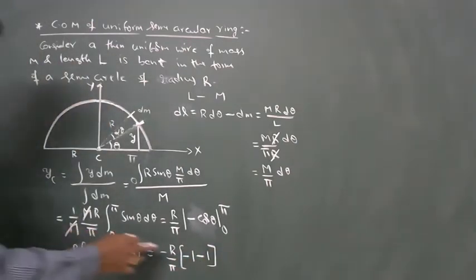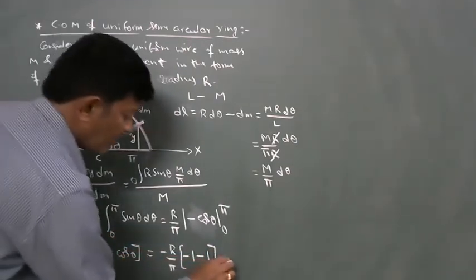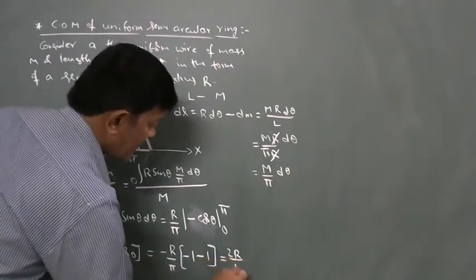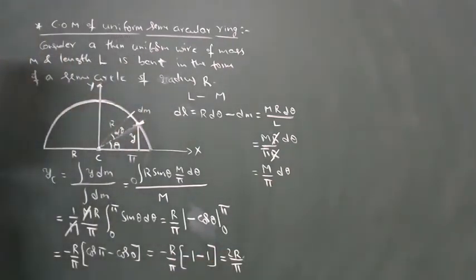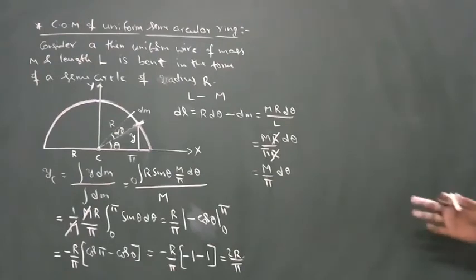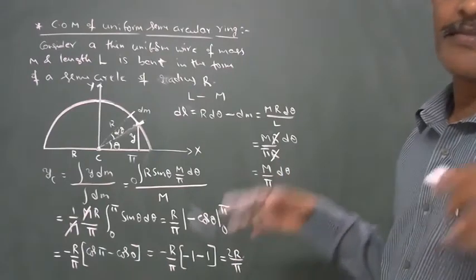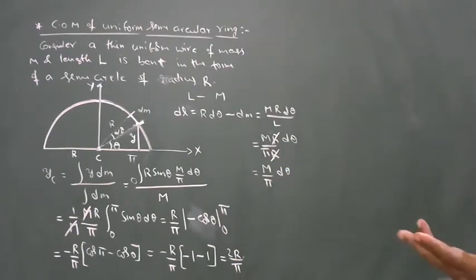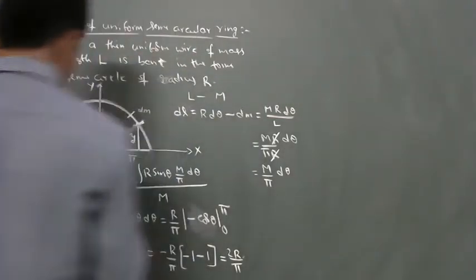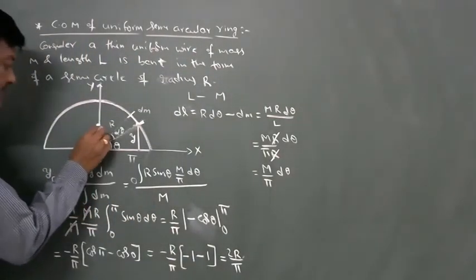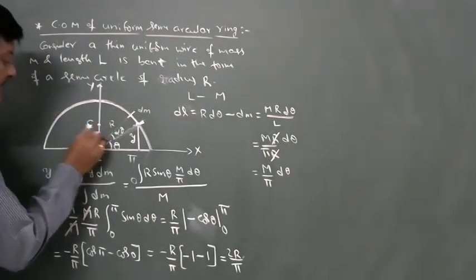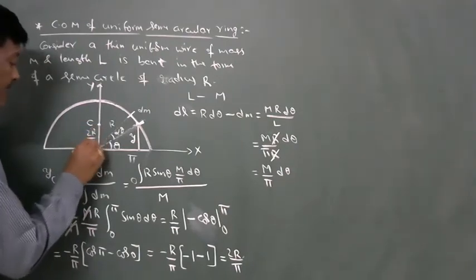So minus of minus 2 gives plus 2, this is equal to 2r by pi. So the y-coordinate of the center of mass of a semicircular ring, when the ring is placed symmetric about the y-axis, is 2r by pi. So yc is 2r by pi, this is c and the distance is 2r by pi.